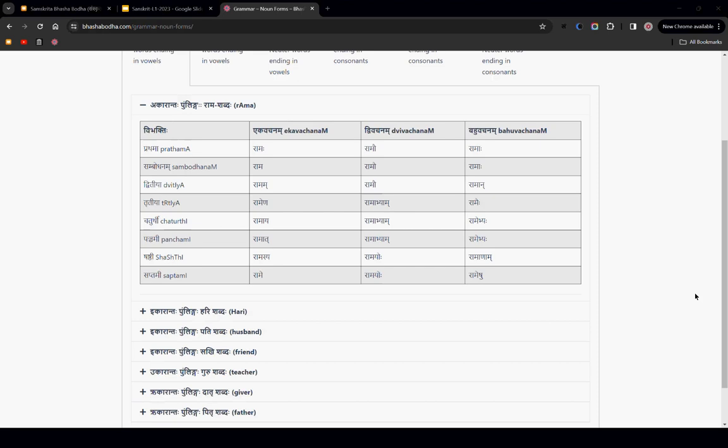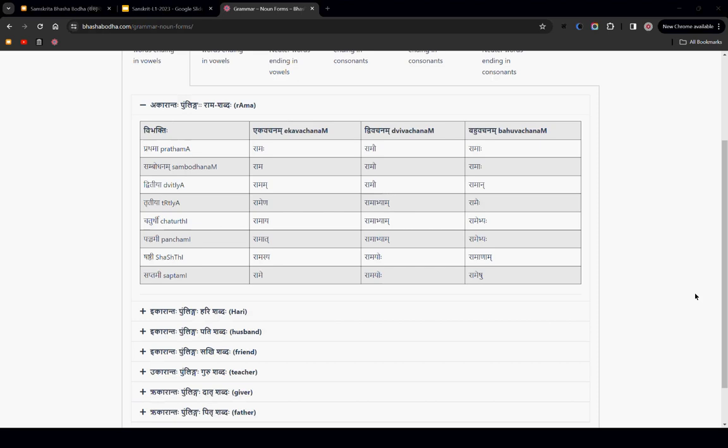The other way is, in different circumstances, not only for karaka, the same vibhakti can be applied also. Okay? For example, let's say tritiya vibhakti is there, where we say with in English.